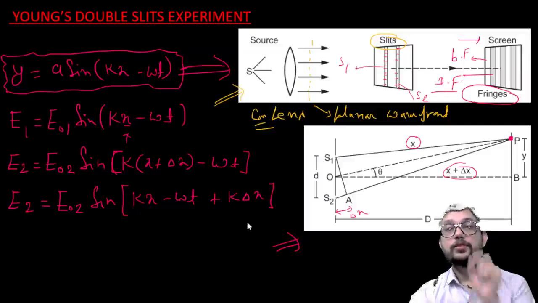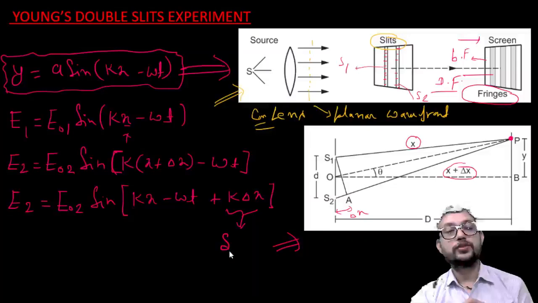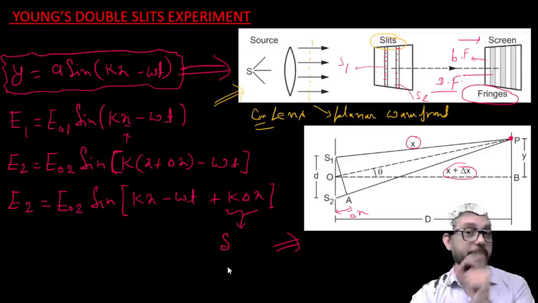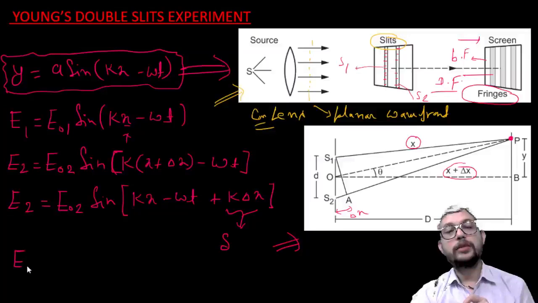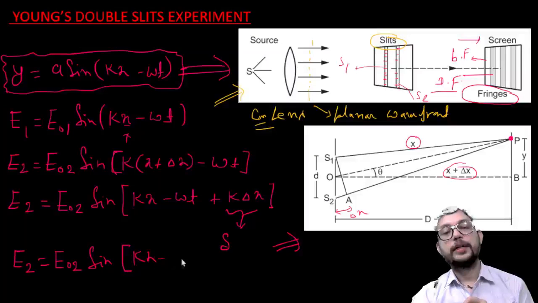If we consider that k delta x is delta, then delta is the phase angle. So we can easily write E2 equals E02 sine (kx minus omega t plus delta).